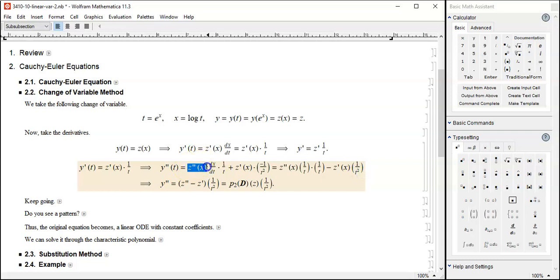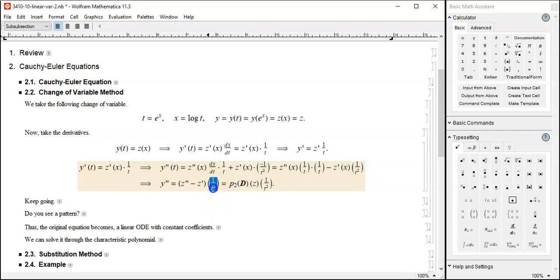How about this part? The derivative of first function, z prime becomes z double prime, fine, but by the chain rule we have dx dt again. And x is log of t, so that dx dt is 1 over t. And this 1 over t was there before, so we get 1 over t times 1 over t, so that's 1 over t squared. So we have t squared in denominator again.